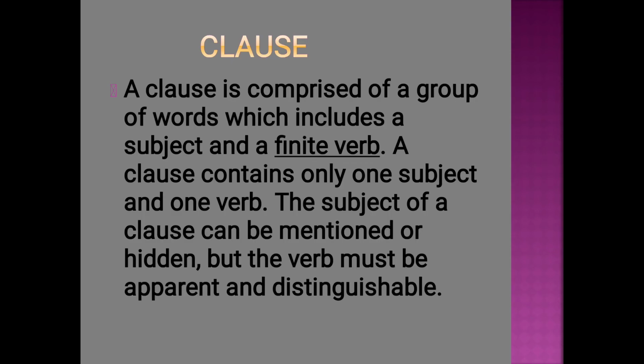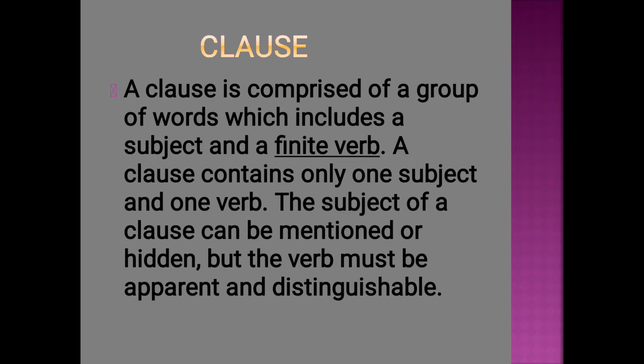Moving to a clause now, just like we did phrases. A clause is comprised of a group of words which includes a subject and a finite verb. I am particularly pressing on this, a finite verb. A clause contains only one subject and one verb.